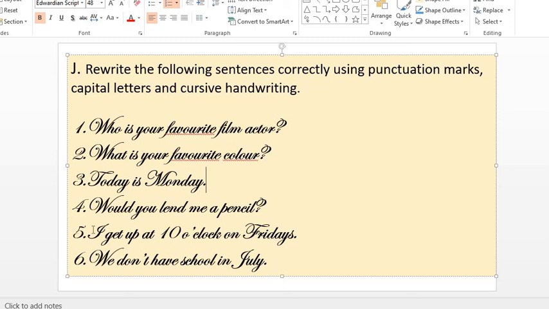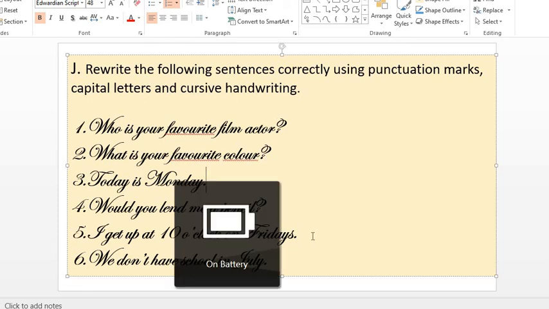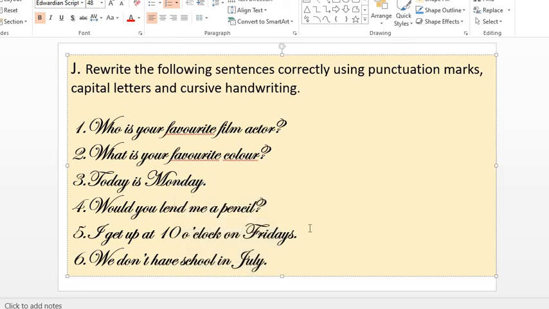I is always in capitals, and I start this sentence with the letter I. And Friday is a proper noun, so I use capital F for Friday, and I put a full stop at the end of this sentence.